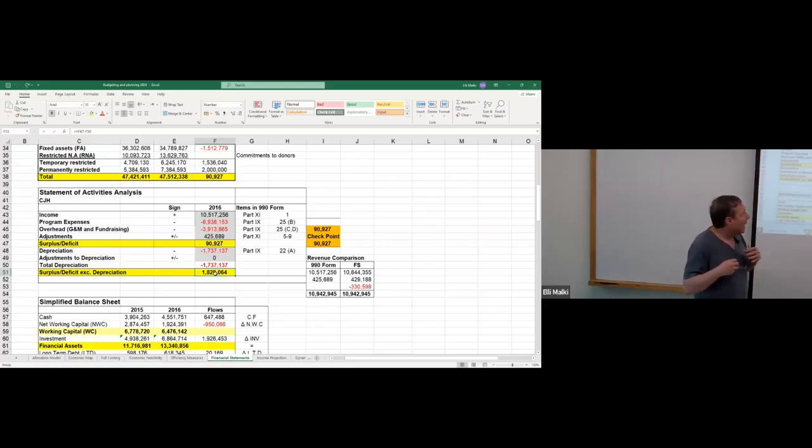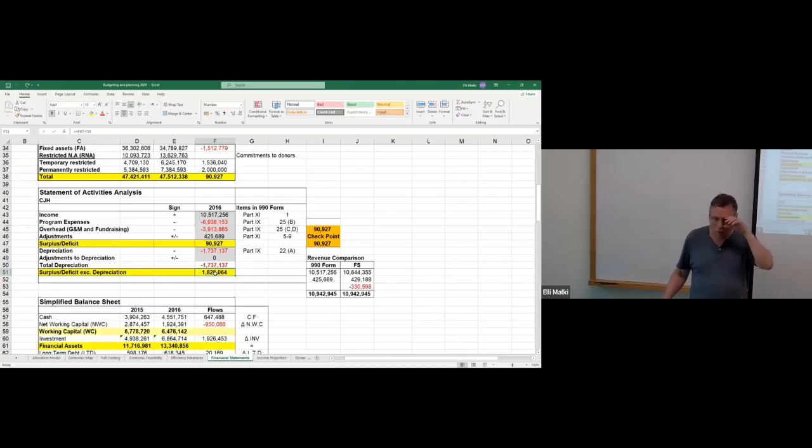And our actual surplus, the surplus that is reflected in our financial assets, cash and savings, was much larger, was 1.8. Okay, so this is the figure that is important to us for our analysis.